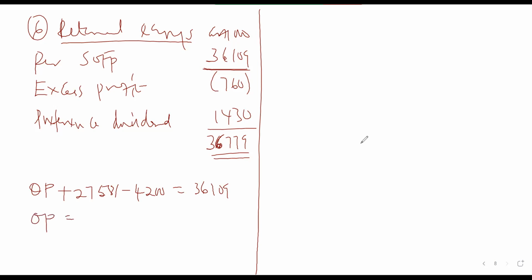The opening will be 36,109 minus 27,581 plus 4,200. So what will be the opening retained earnings?